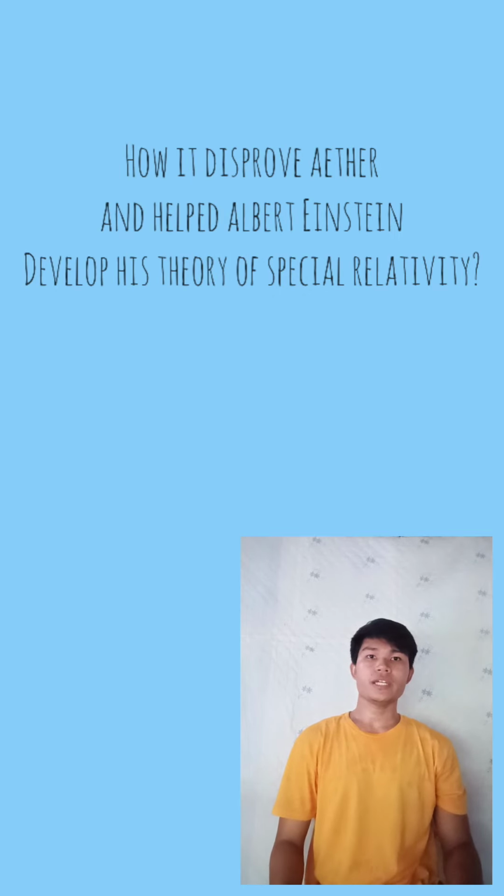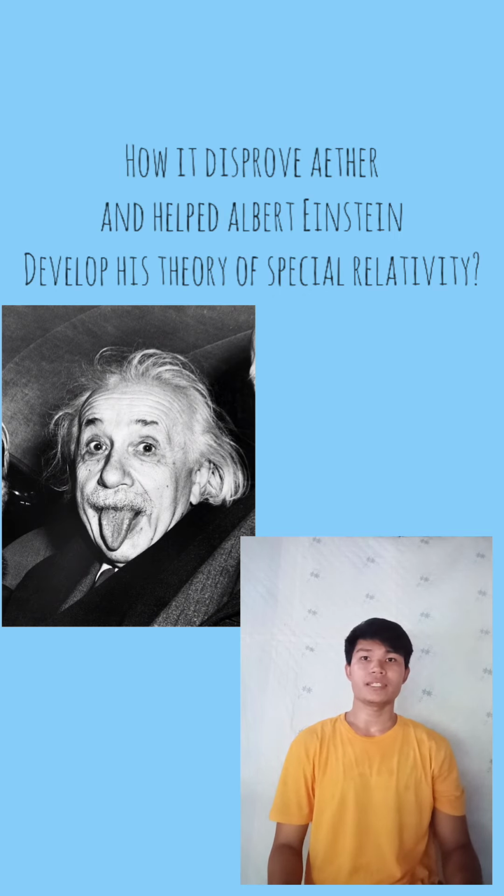How did it disprove ether and help Albert Einstein develop his theory of special relativity? In an attempt to discern the relative motion of matter through the immobile luminiferous ether, the experiment examined the speed of light in perpendicular directions, or the ether wind.